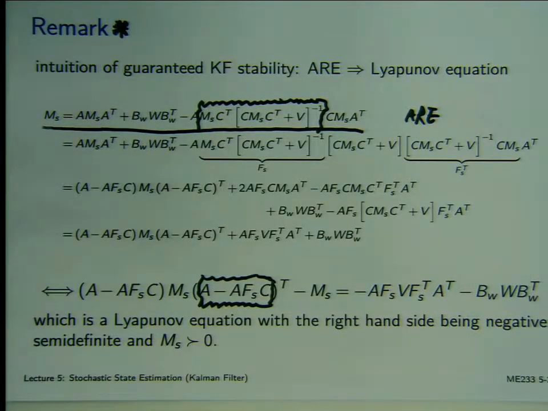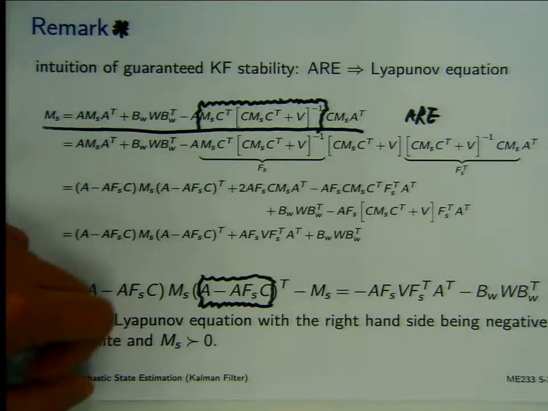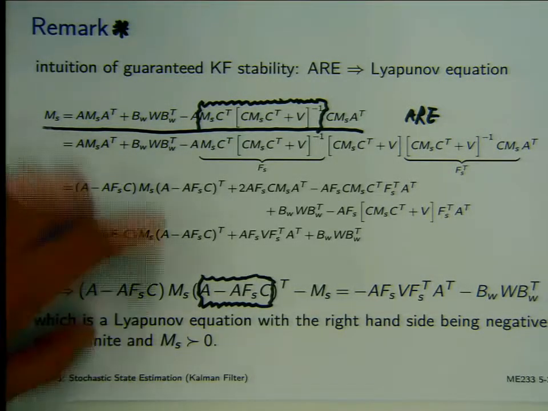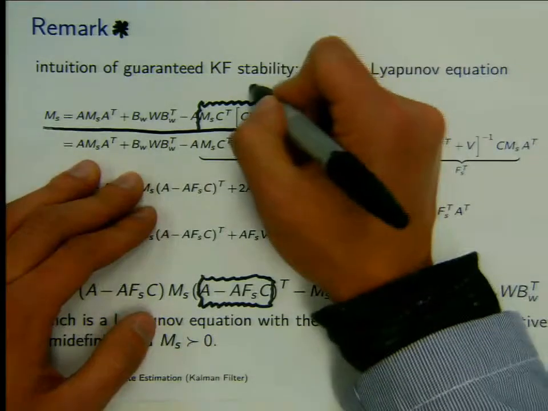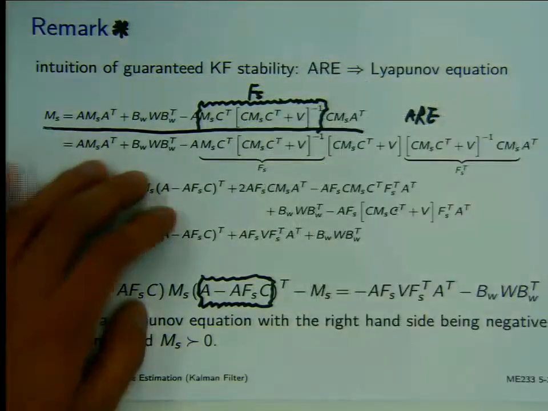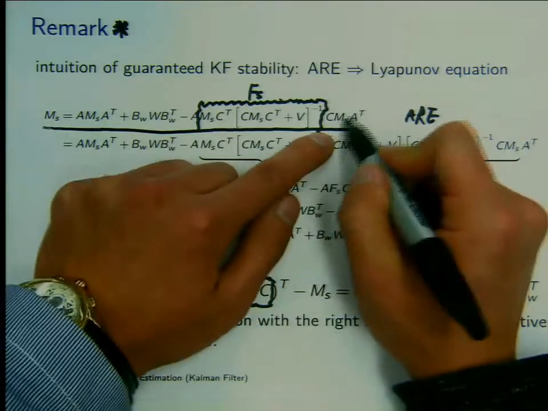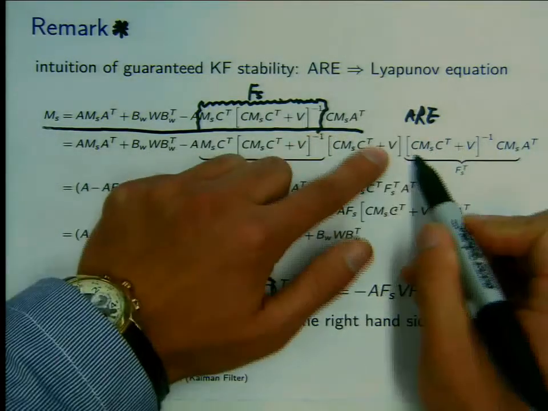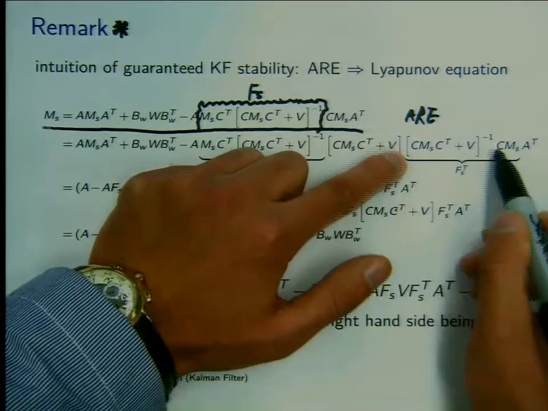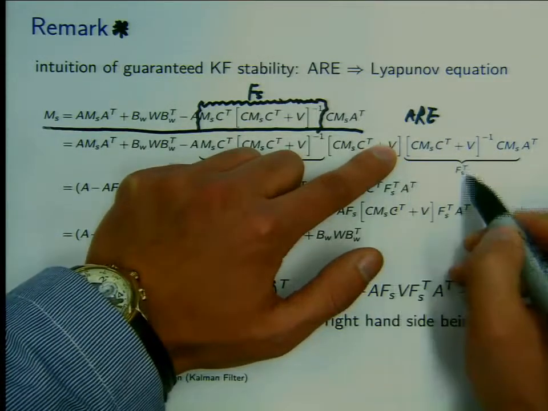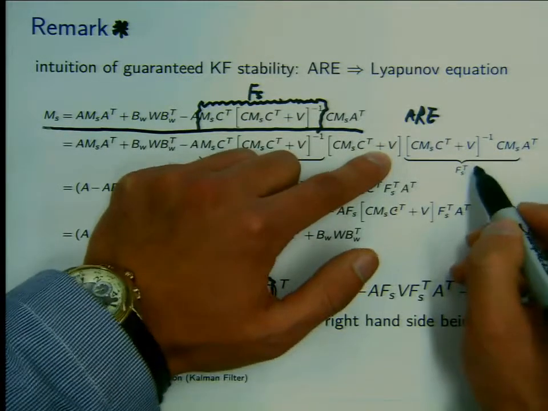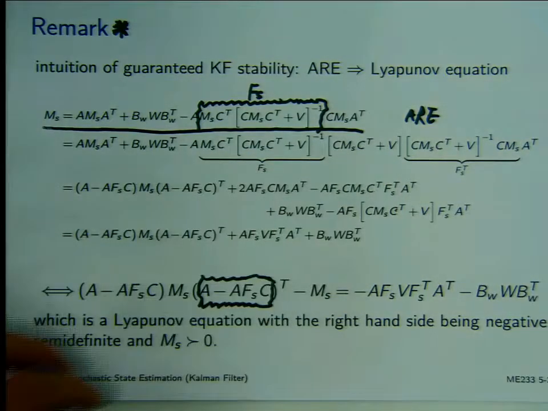Recall on the blackboard. This is the gain, right? The Kalman filter gain. And on this side, you see something also very similar. C times Ms. If I have something on the left times C times Ms, I can have another Fs transpose.